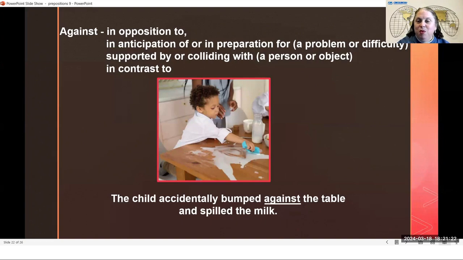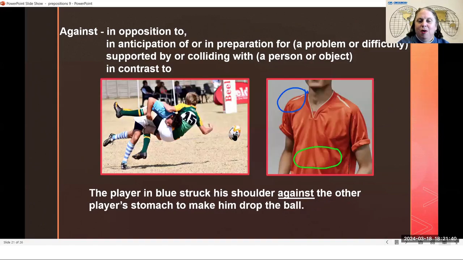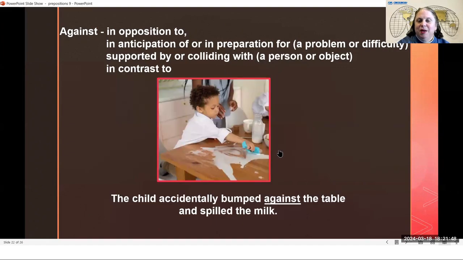When the table moved, the milk fell over and spilled. He collided with the table. You can see that in the example with the ball, it's colliding with a person. In this one, the child is colliding with an object, bumping into the table, and the milk gets spilled.